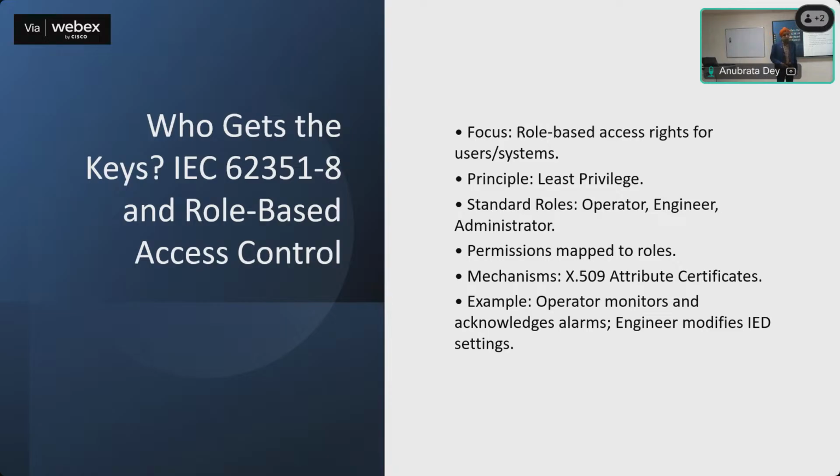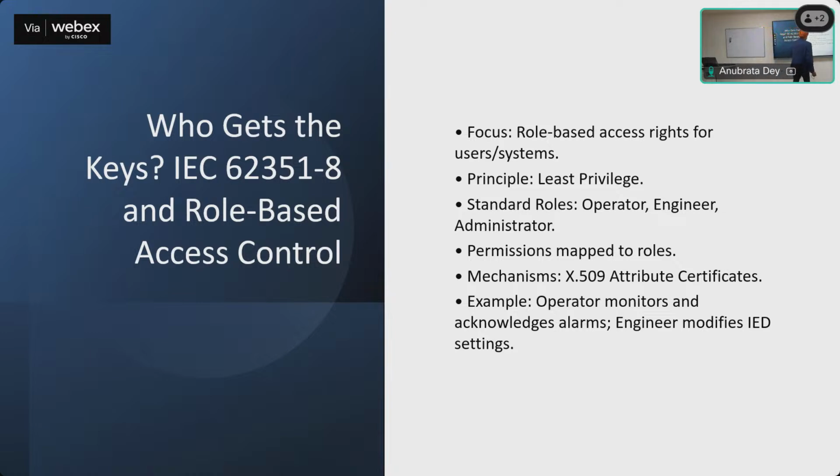So depending on your role, you're going to get that amount of access to the system. So the principle is least privilege. Depending on your role, you only get that privilege. That's the minimum you will get. That's it. You don't get access to anything else, and this sometimes is a problem.